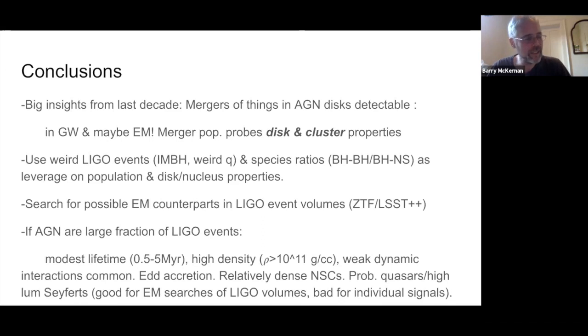I think the other candidate counterparts that are going to come out in a couple of months will help us understand a bit more what weird types of events we can pick out, and maybe tell us something about mergers, but also maybe just something about weird AGN variability, right?